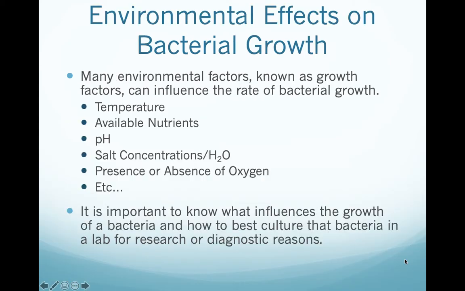So there are tons and tons of different factors that can affect how quickly bacteria grow, how quickly they divide, and things like that. They're very simple and quite easy to understand, but they're really important when it comes to setting up a lab or trying to replicate an experiment. And they also help a lot when it comes to understanding how bacteria cause infections in the body.